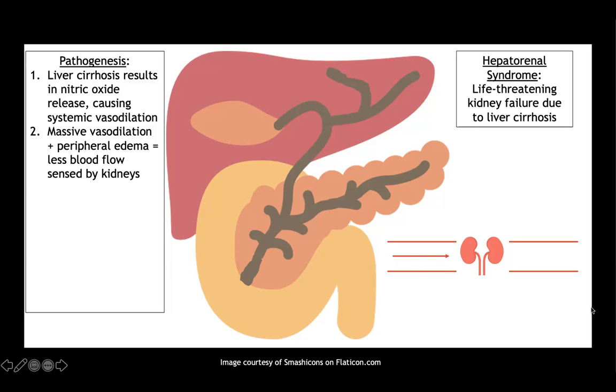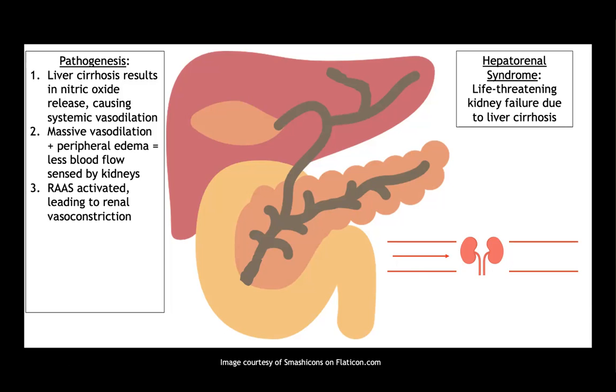Now, normally, if our kidneys are sensing low blood flow, let's say I'm dehydrated or something, right? My kidneys will constrict. My kidneys will send stuff and they'll constrict all the blood vessels, and life will be maybe not great, but our kidneys can compensate.